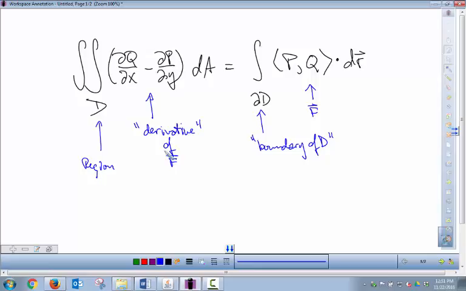But if you look at this setup, there's one more thing to point out. Here we have a double integral. And here, this is really a line integral of a closed curve. We usually put that circle there.